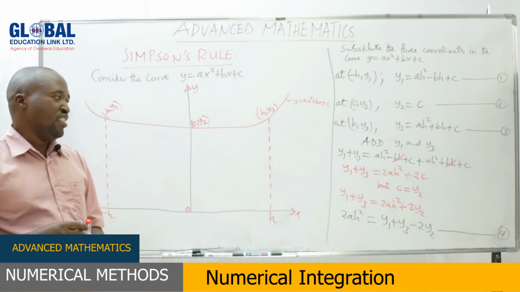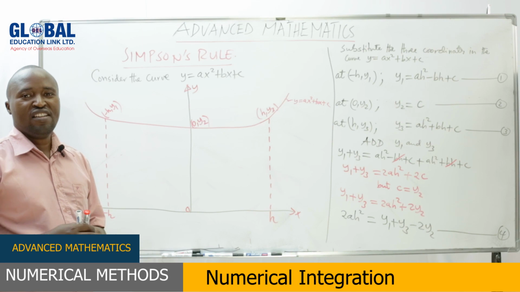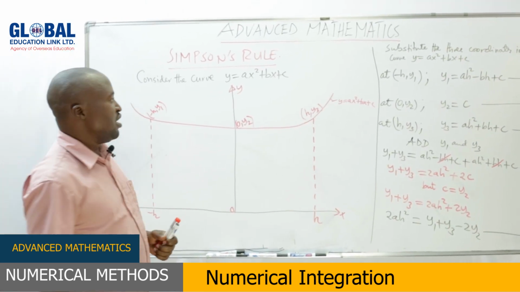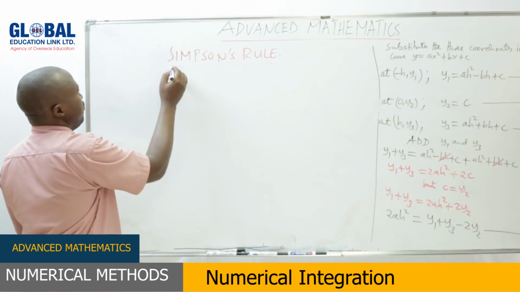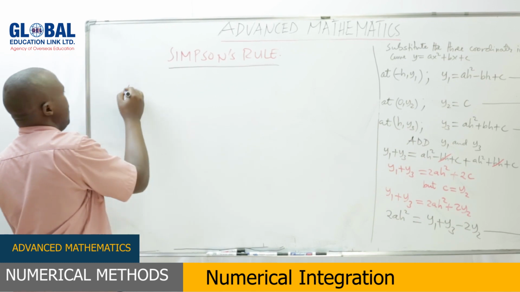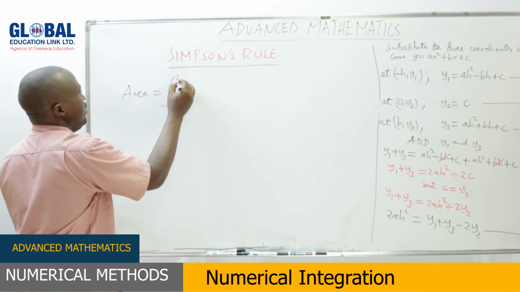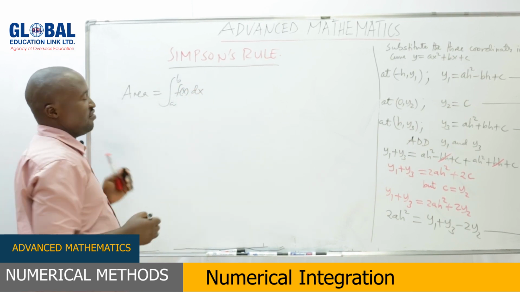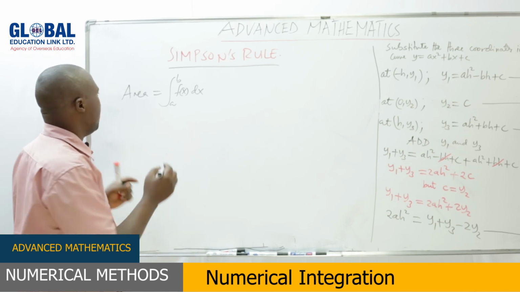So again, my dear students, you remember that method of finding the area under the curve by integration. So by integration, we say the area under the curve is equal to the integral from a to b of f of x dx. But our function is a quadratic function.